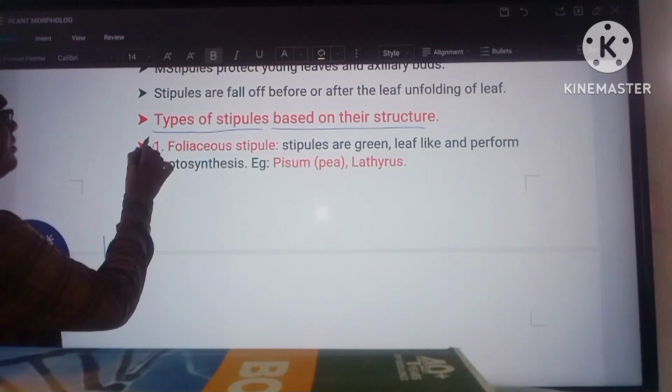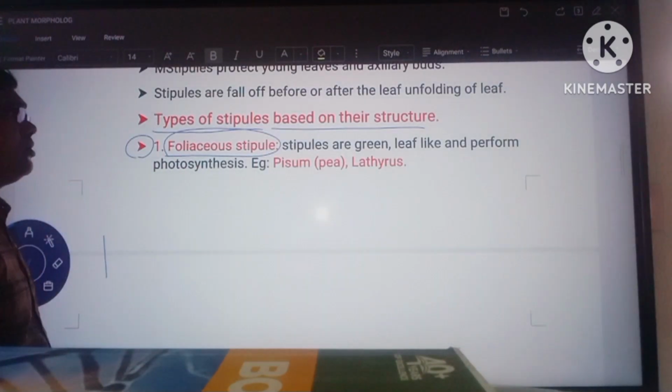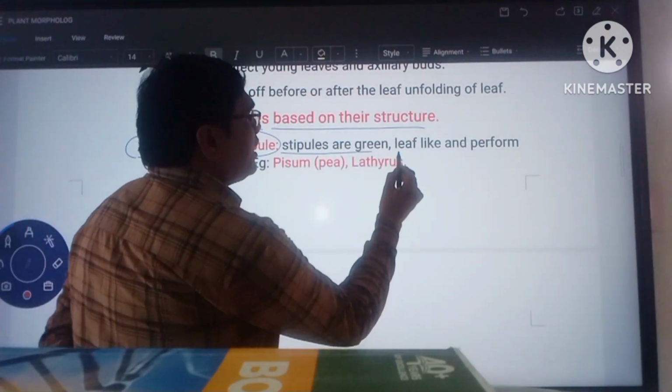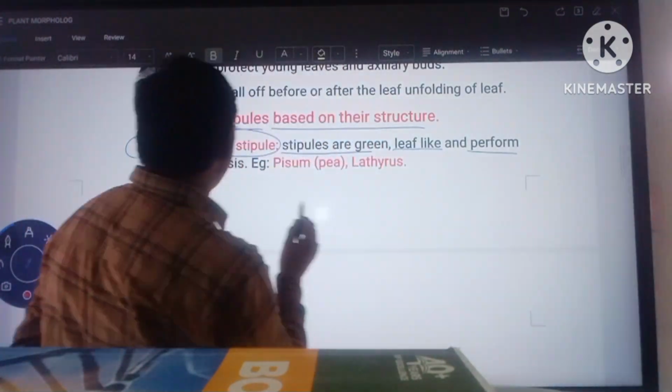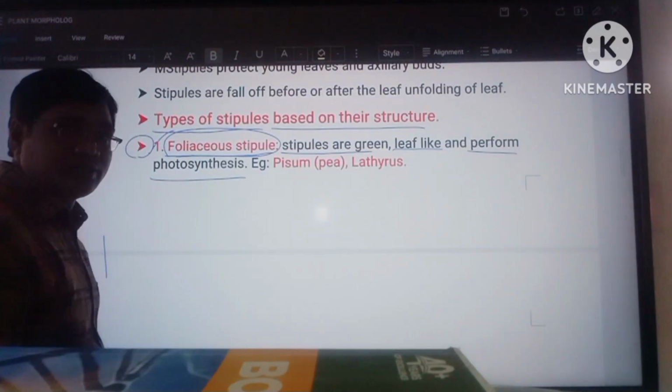The first type is called foliaceous stipules. The stipules are green, leaf-like, and perform photosynthesis; that is called foliaceous stipules.